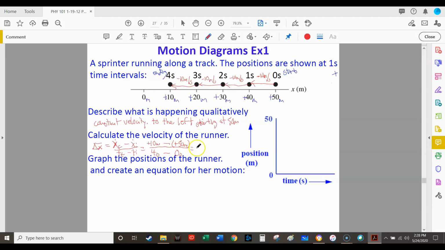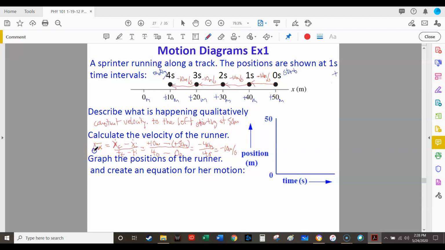So what we could say is that the object is going to be 10 minus 50, so that's negative 40 meters over the period of 4 seconds. By dividing this out, 40 divided by 4, and this is supposed to be seconds, is going to be negative 10 meters over the period of 1 second. So it's its instantaneous speed.